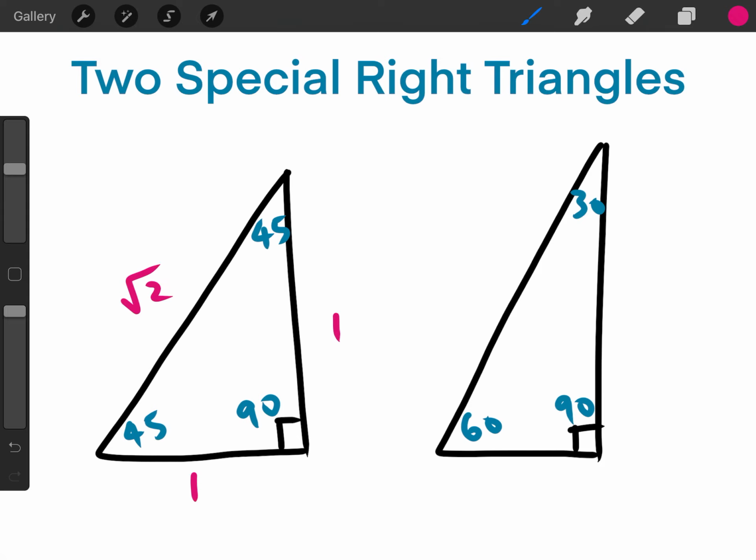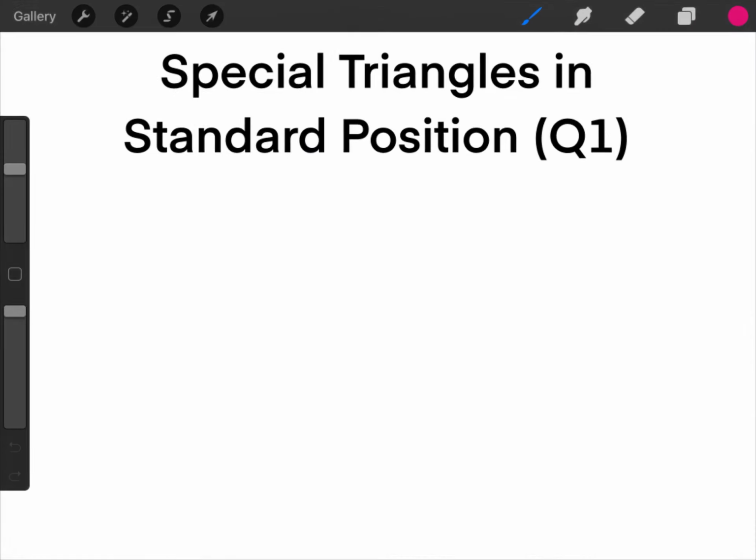First of all, I really need you guys to understand that there are two special right triangles. The first one is a 45, 45, 90 triangle. The other one is 30, 60, 90.